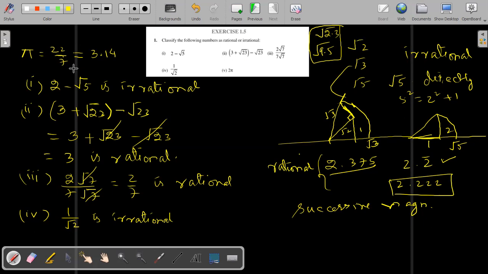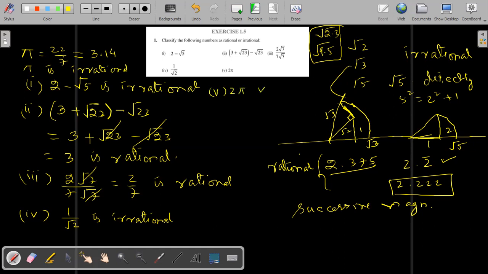So from this value, it looks like what? Rational or irrational? Looks like rational, but pi is not rational. It is irrational. It is a non-terminating, non-recurring decimal. So just remember that pi is irrational. So when you multiply pi with any number, 2 pi, 3 pi, 4 pi, all are irrational numbers.